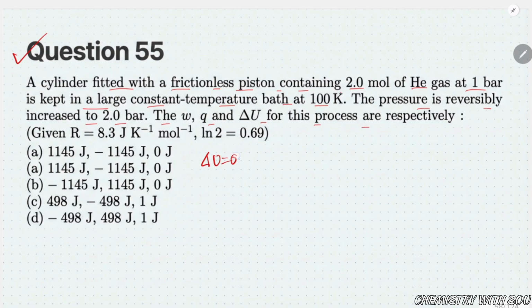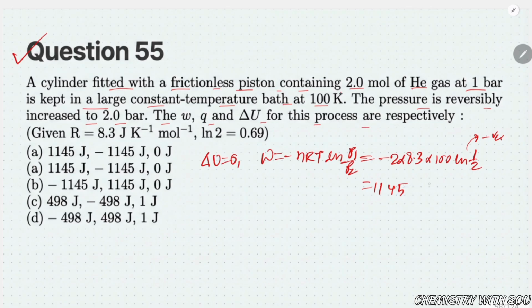So del U is equal to 0 for an ideal gas, and W is equal to minus nRT ln of P1 by P2. This is equal to minus 2 into 8.3 into 100, temperature 100 K, ln of 1 by 2. So this value is ln of 1 by 2, this will give a negative value, so W is positive 1145 joule.